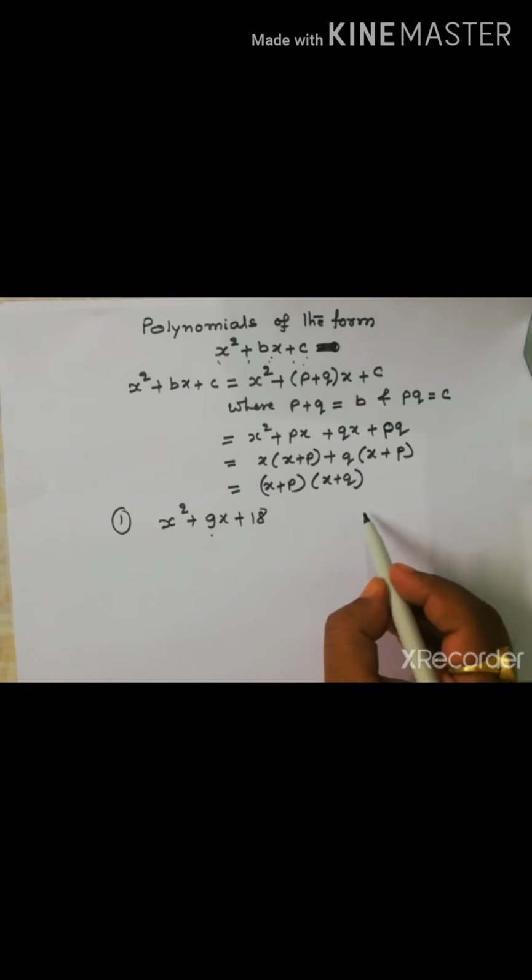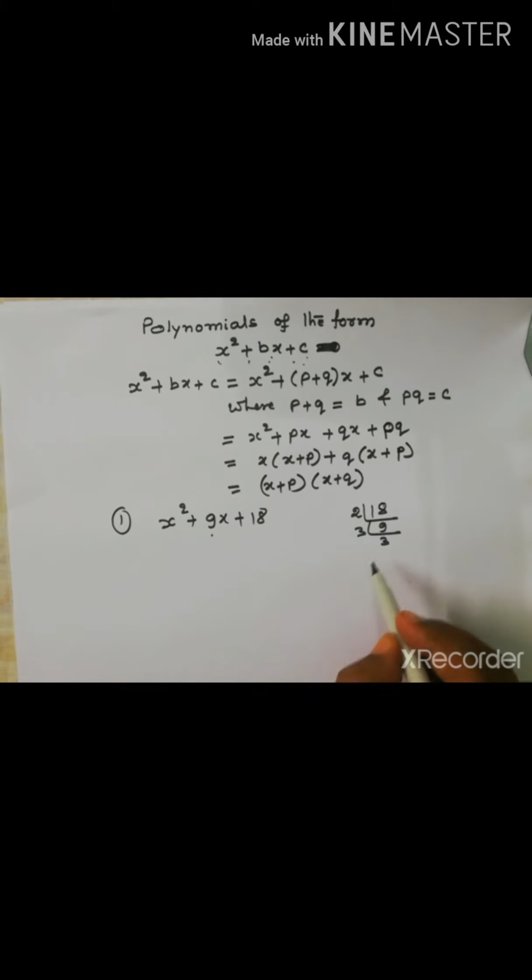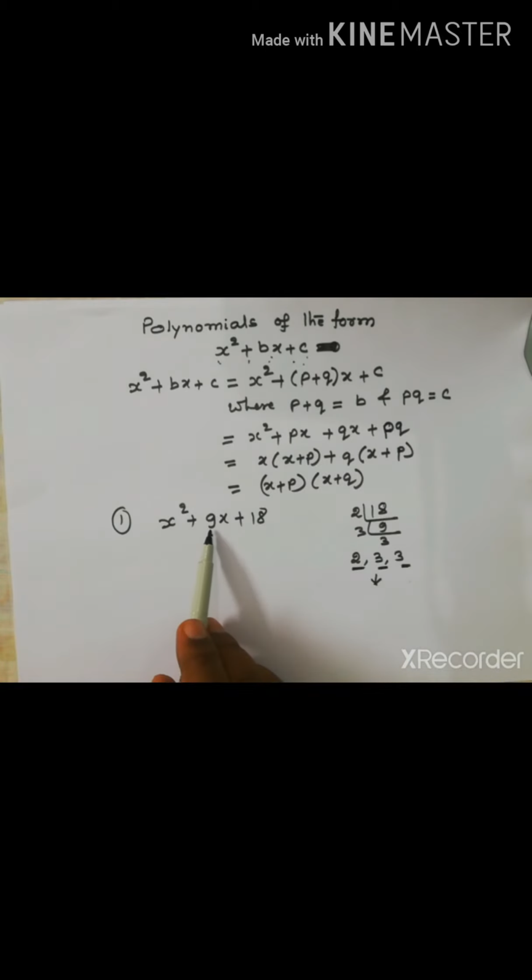So 18 should be factorized in such a way, suppose, these are the factors 2, 3 and 3. We have these three terms. With the help of these three terms, you find two terms whose addition should be 9 and multiplication should be 18.